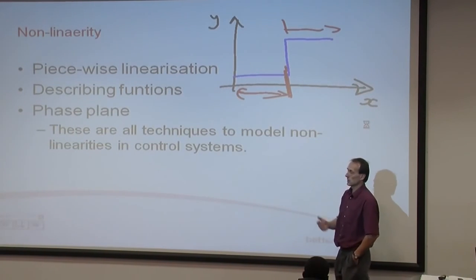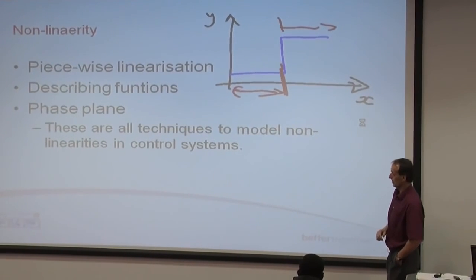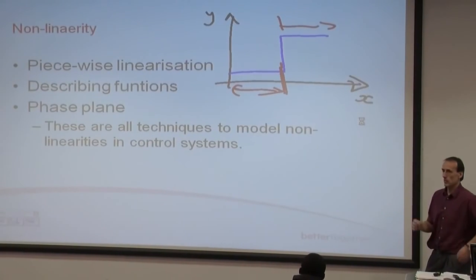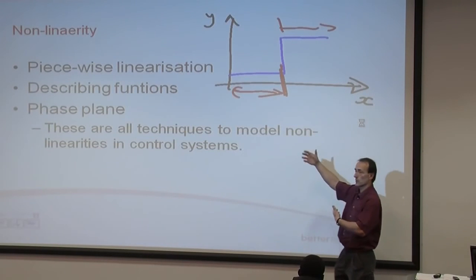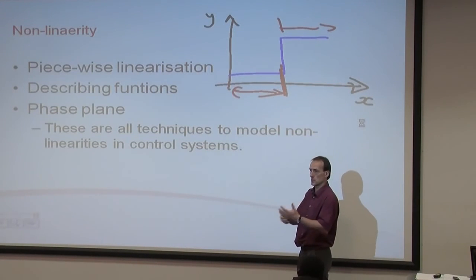Okay, so this is a technique called describing functions, where we model the two different types of response separately, and this is a graphical technique. Okay, so you'd actually produce pictures.